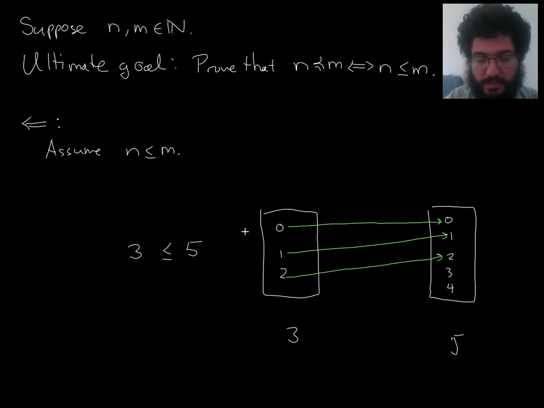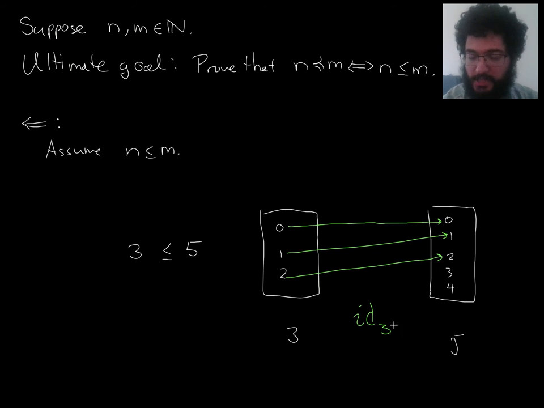And actually, it's very easy to describe sort of the formula for this. It's just 0 goes to 0, 1 goes to 1, 2 goes to 2. So it's k goes to k, right? What function is that? A function that sends things to themselves. That's the identity, right? What we're looking at is actually just the identity on the set 3.